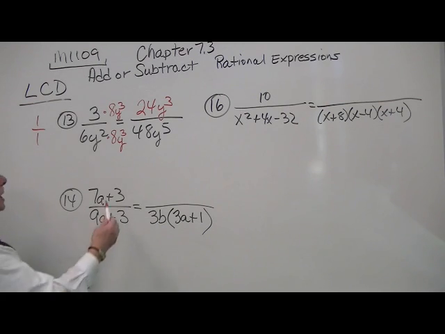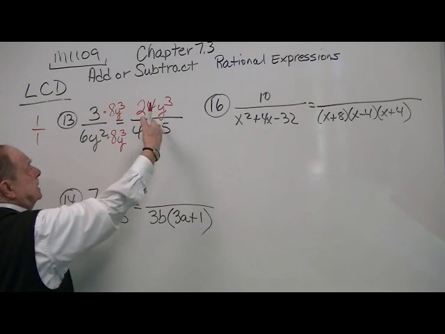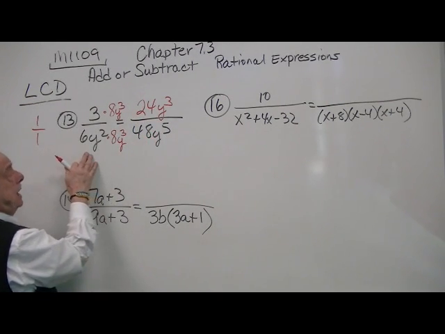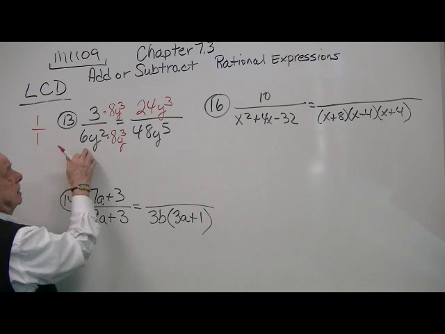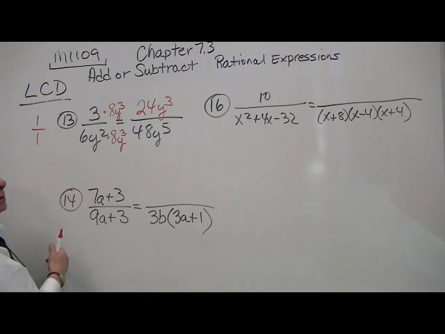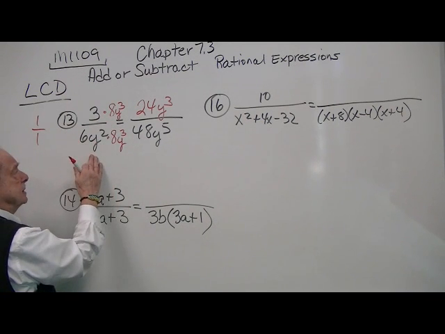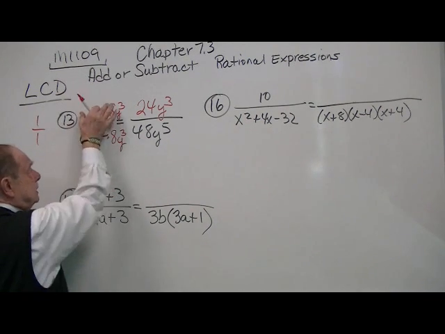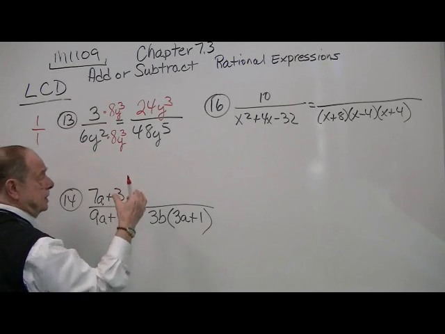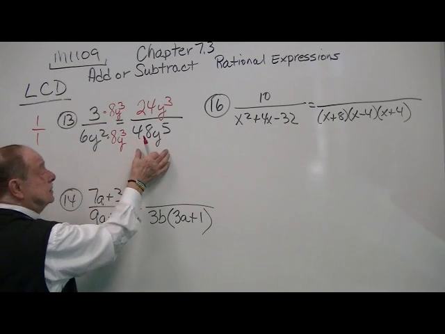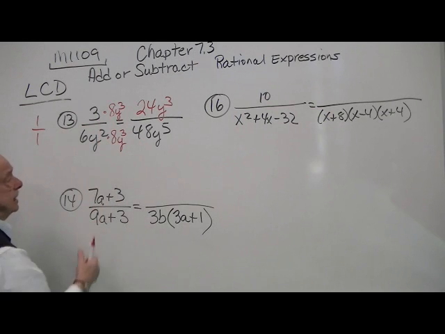Now notice, if I was canceling this out, I might get to this, but I would also cancel it a little bit more. But that's not what they're doing. They want to make this fraction an equivalent fraction with this denominator. That's the technique.